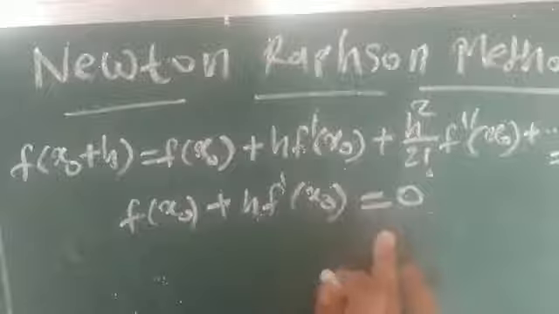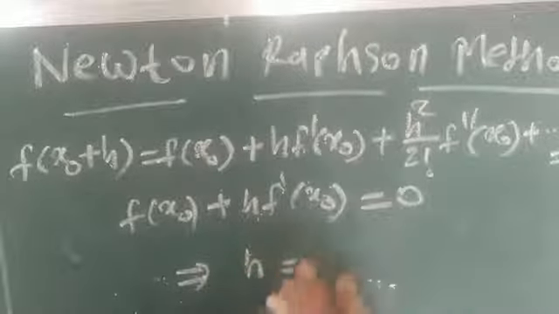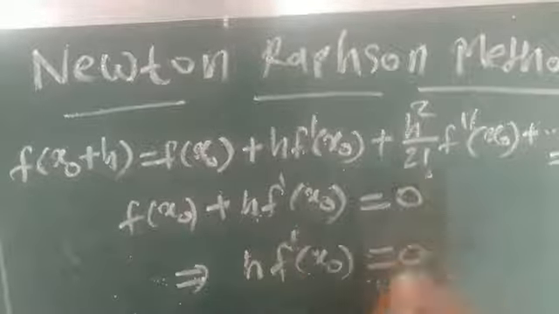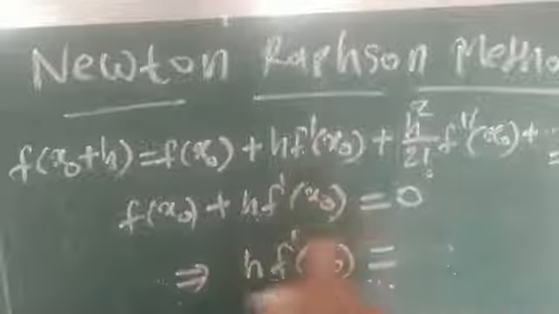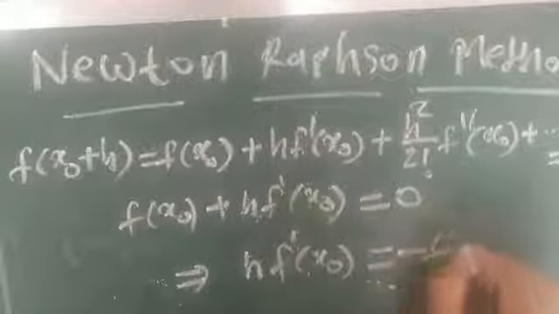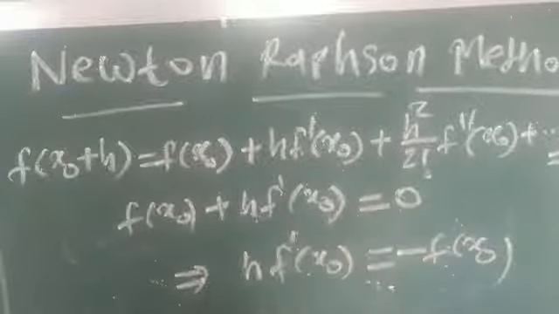So we get this equation, therefore h f'(x0) = -f(x0), because moving f(x0) to the other side gives a minus sign.